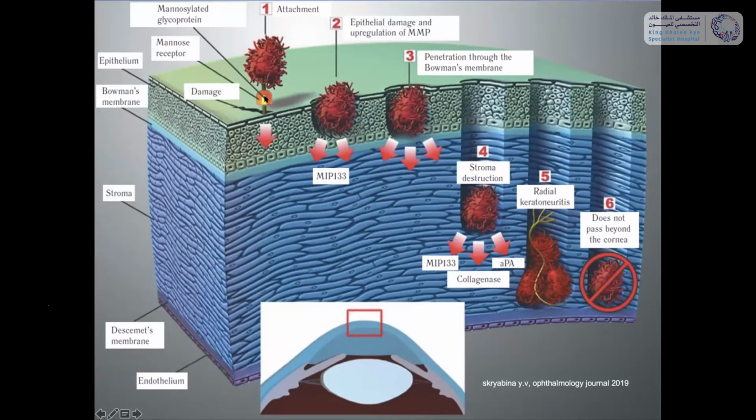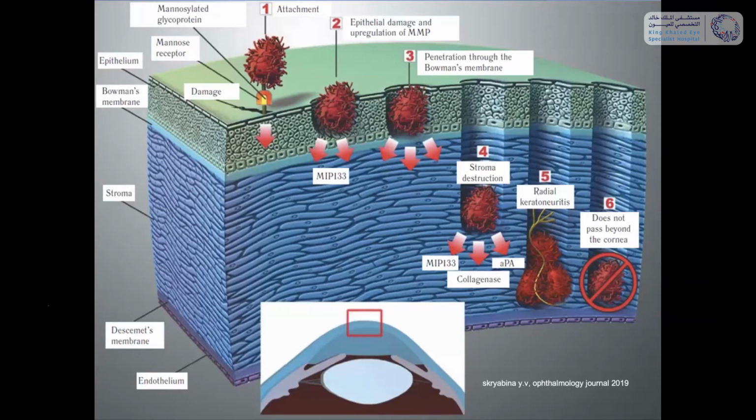This is the mannose receptor, the red one, attached to the yellow, which is the glycoprotein on the surface of the epithelium. The expression of this glycoprotein increased when the epithelium is subjected to micro-injury.